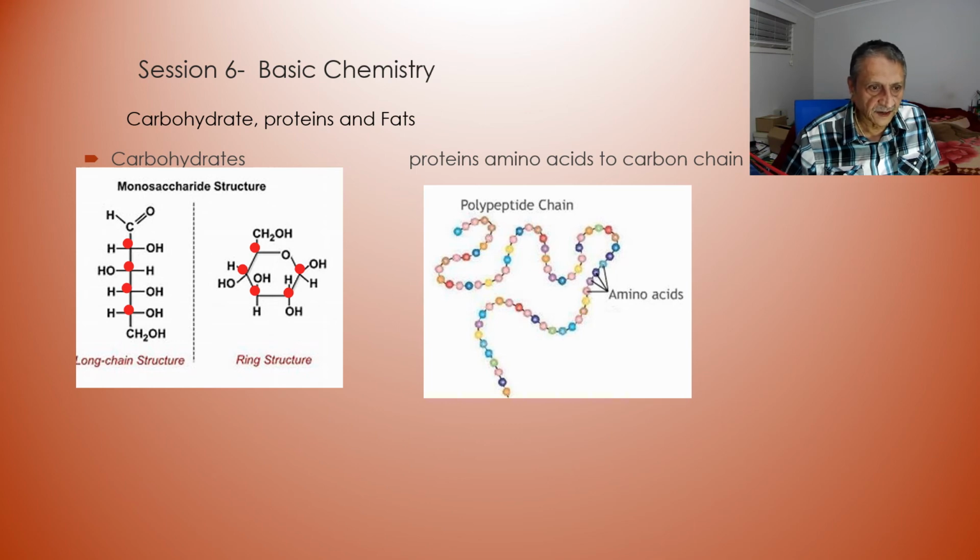You'll notice that the long chain structure on the left picture is that of a monosaccharide, which is a sugar or glucose, and it has got the hydroxyl grouping and hydrogen grouping together with a COH grouping. And the last carbon has got a CH2OH, which is actually CHOH.